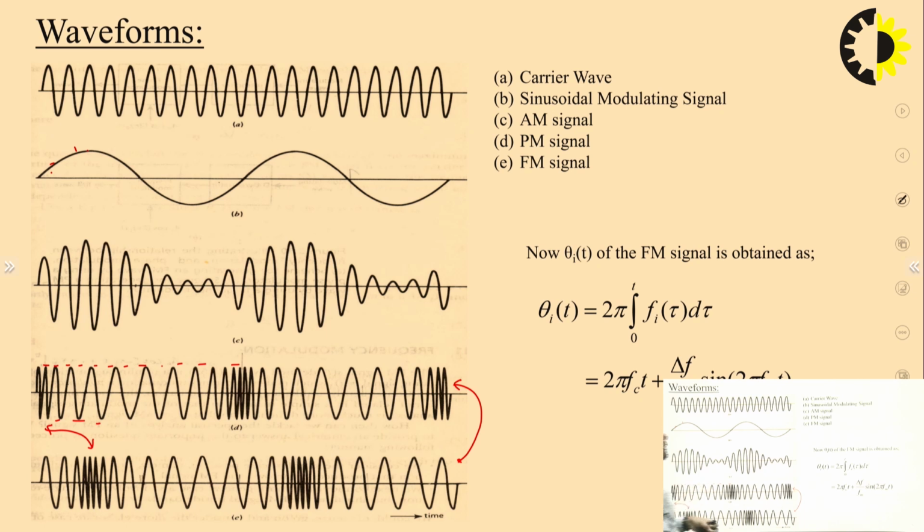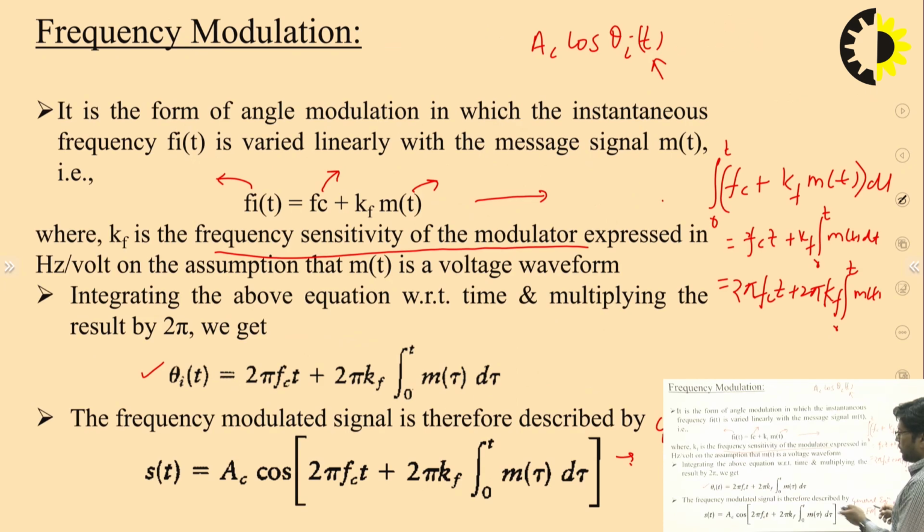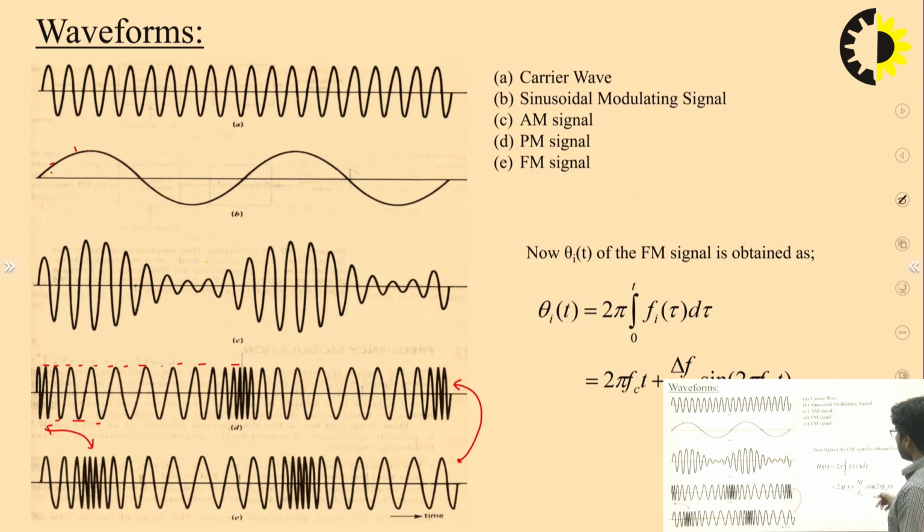So here you can see, right, this is the theta that we already have in this equation. Theta is 2 pi integral from 0 to t of f_i dt. So here I am considering the single tone modulation: 2 pi fc t plus delta f by fm sin 2 pi fm t. So this term is known as the modulation index, represented by beta here.